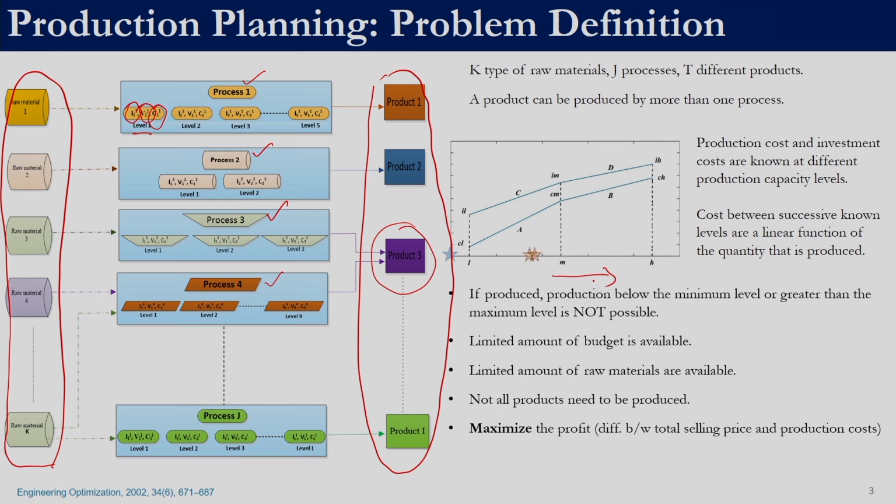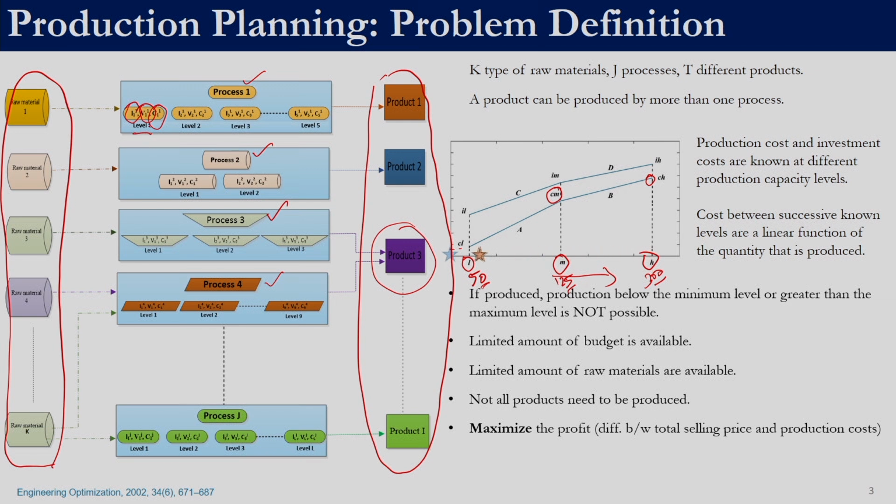For example, for a particular process, let us say the production cost is known at level L, level M, level H. If we produce 50 kg per day, we know this is the production cost. If we produce, let us say, 125 kgs per day, CM denotes its production cost. If we produce 300 kgs per day, CH denotes the production cost. So, the production costs are known at these 3 levels, level 1, level 2, level 3.